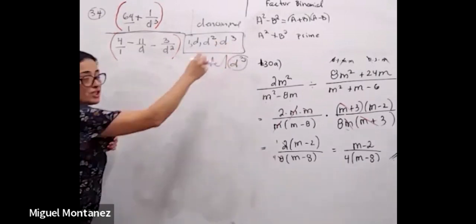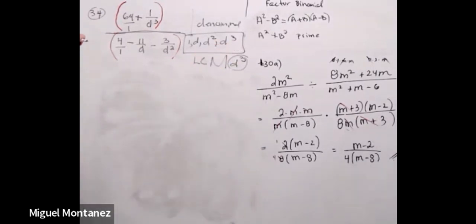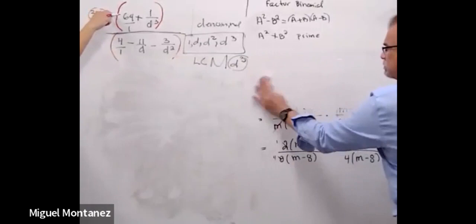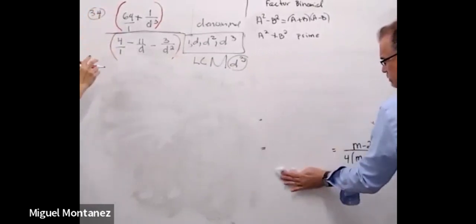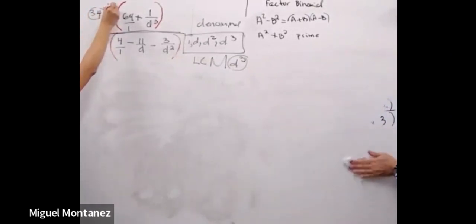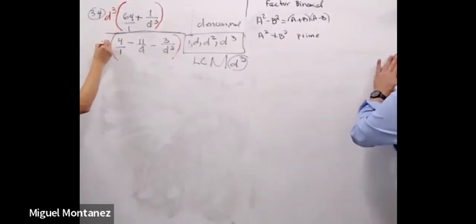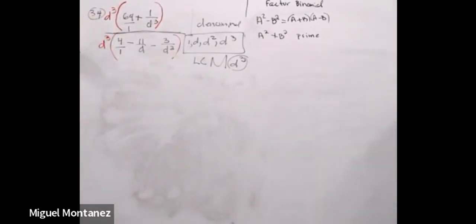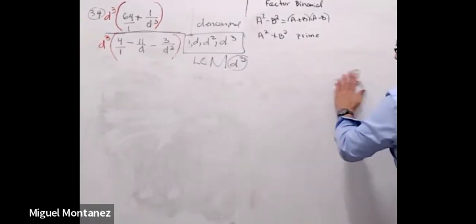So we want d cubed, in the numerator and the denominator, so that we're not really changing the expression. We are multiplying by 1, right?